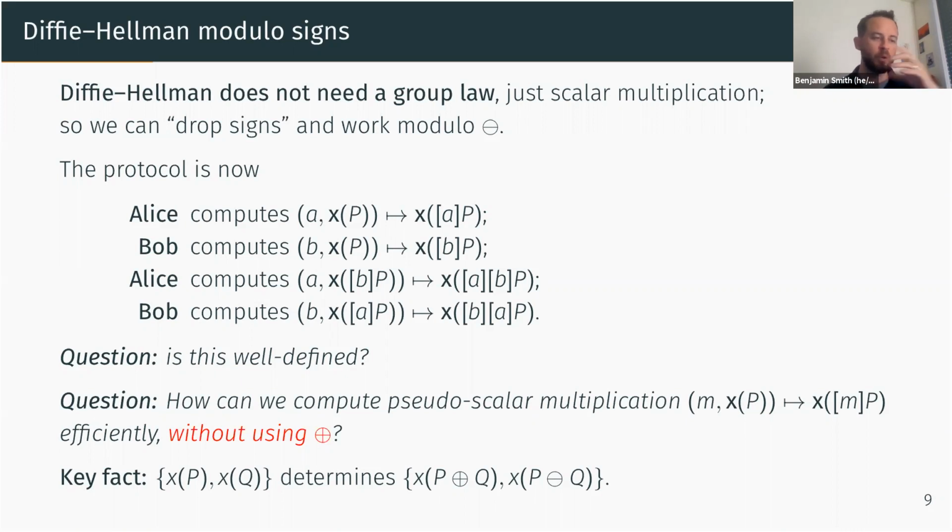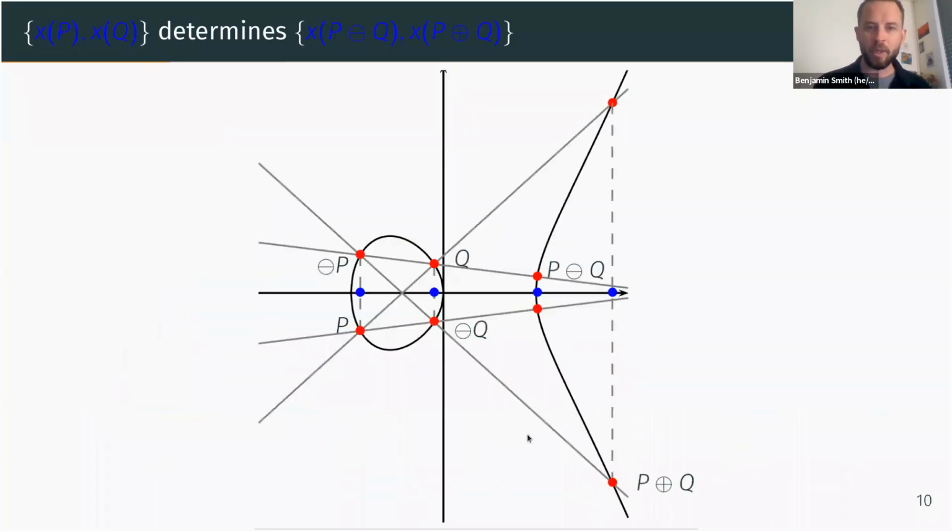Okay, I mean, there's this ambiguity if we look at it like this. Now suppose we wanted to add P and Q, these 2 points on here, but we're only given their x-coordinates, which are these blue points on the x-axis. Well, if we're only given the x-coordinates, there's two pre-images for x of P. There's P or minus P, and we don't know which is the right one. For the x-coordinate of Q, there's Q and minus Q, and we don't know what the right one is.